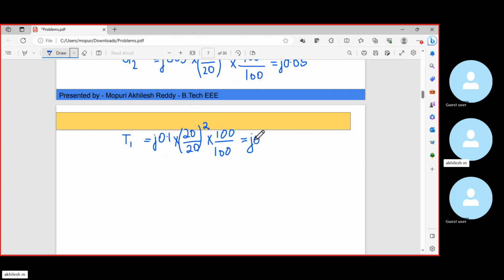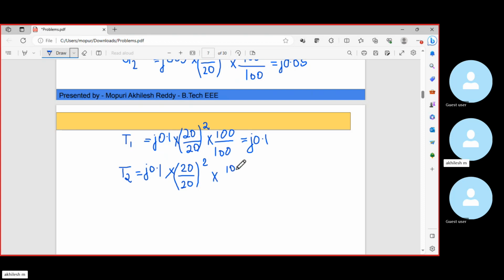Similarly for transformer 2, the old per unit value with respect to zero sequence is j0.1, into 20 by 20 whole square into 100 by 100.